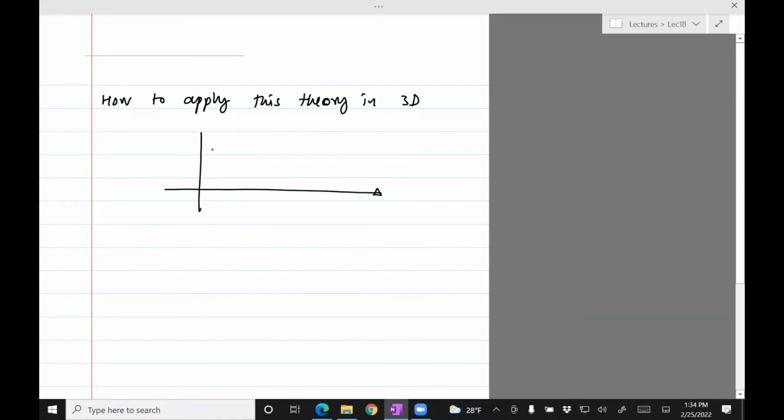So how to apply this in 3 dimensions? Okay. Remember, in 3 dimensions, we'll have 3 Mohr circles. So there would be a bigger Mohr circle and 2 smaller Mohr circles, and they would actually intersect each other or circumscribe each other in the way shown.